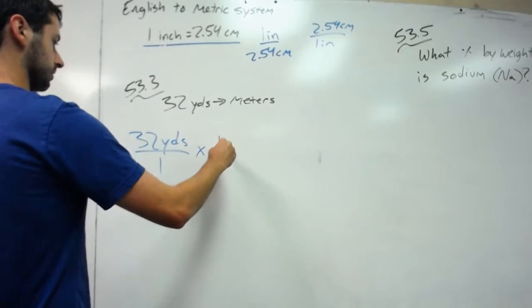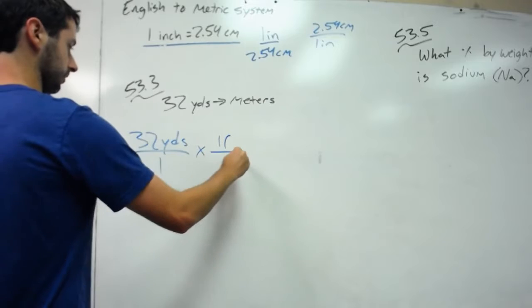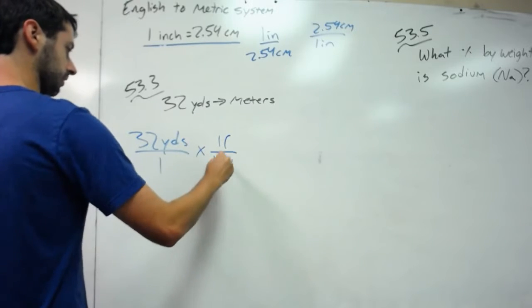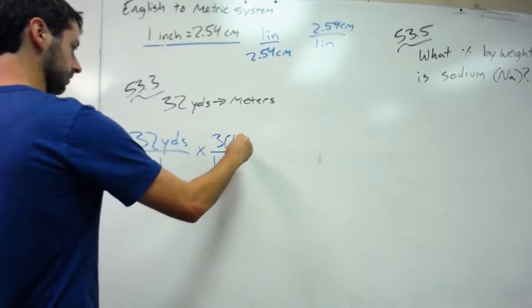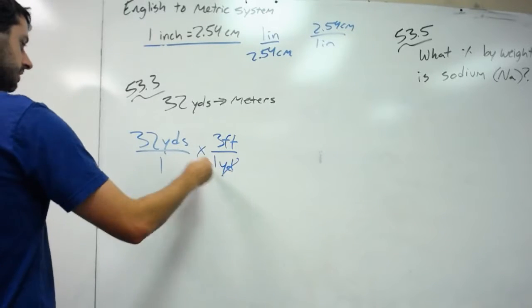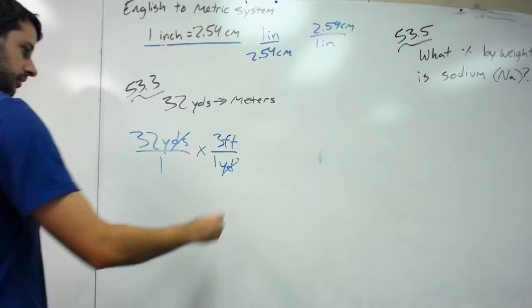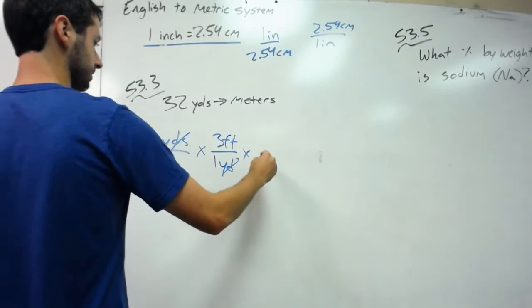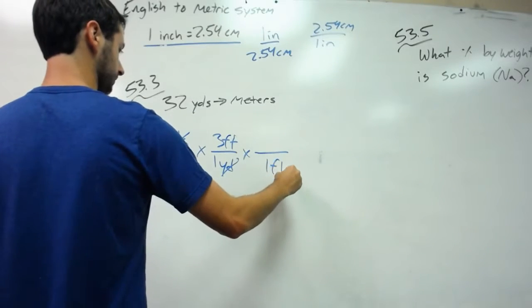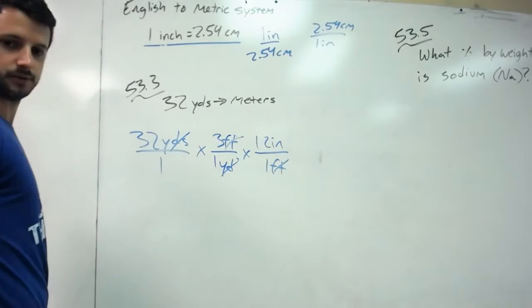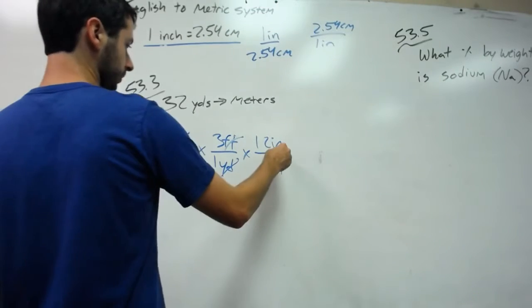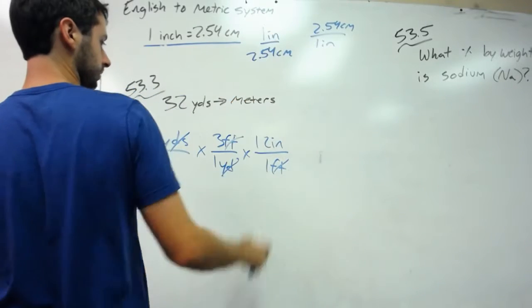In 1 yard, there's 3 feet. Yards cross out. Now we're getting to inches. In 1 foot, there's 12 inches. Feet cross out.